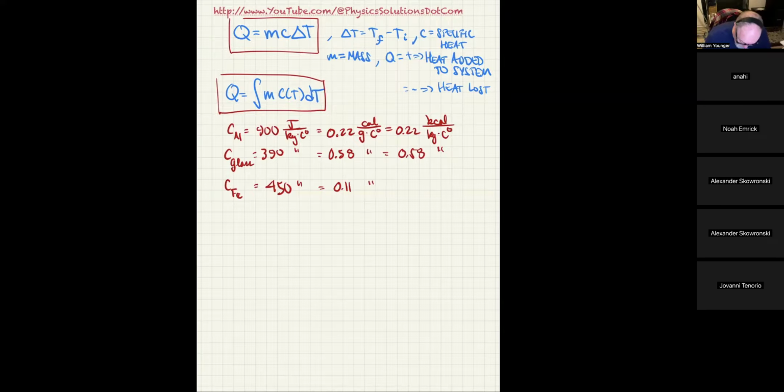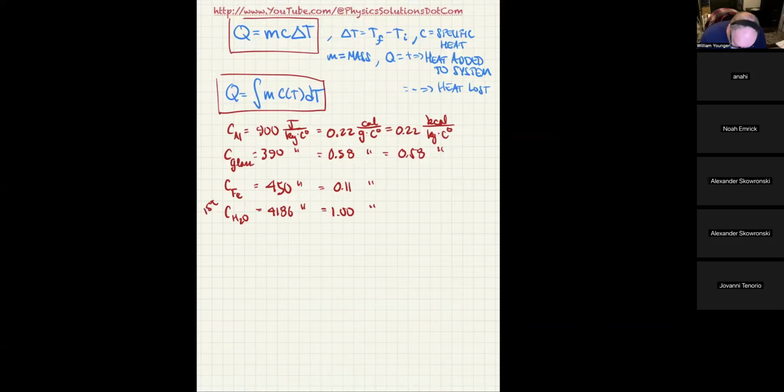Water, which is a big one here, H2O, and I'm specifically going to say at 15 degrees Celsius, has a specific heat of 4,186 joules per kilogram Celsius degree. That's also, of course, 1.00 calories per gram Celsius degree and 1.00 kilocalories per kilogram Celsius degree.